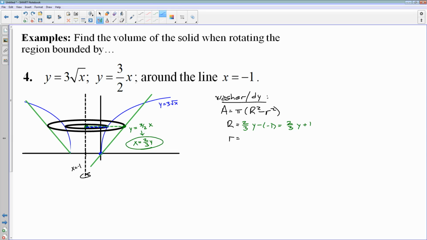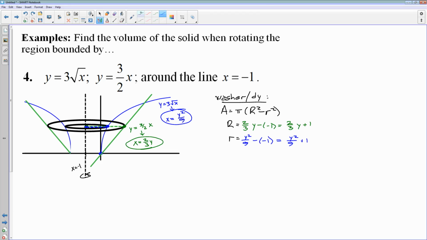I have to solve this for x. So I'll divide both sides by 3 and then square, and you get x equals y squared over 9. And we have to use that because it is a dy problem. We're going to go from right point to left point. Right point is y squared over 9. Left point is the line x equals -1, which is y squared over 9 plus 1.